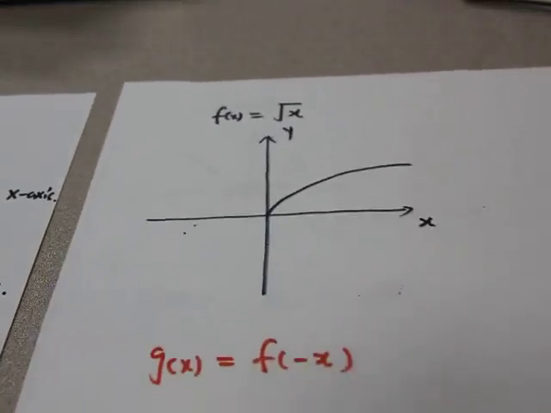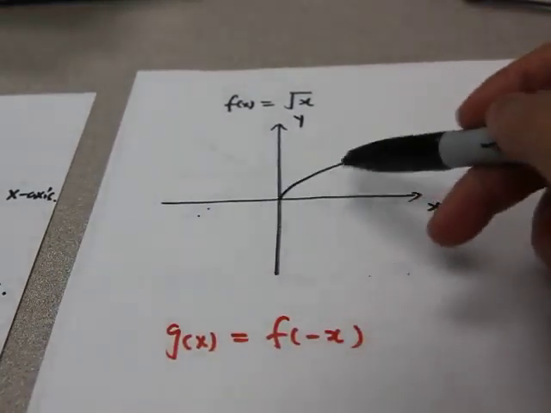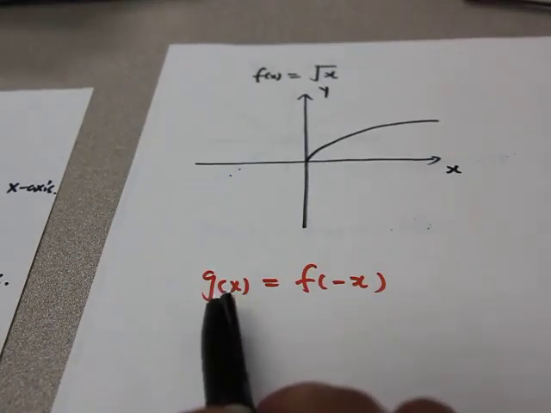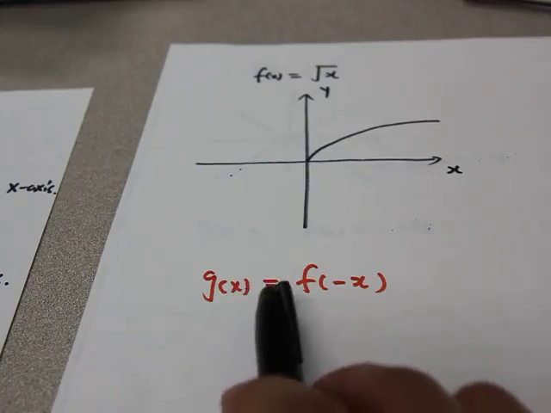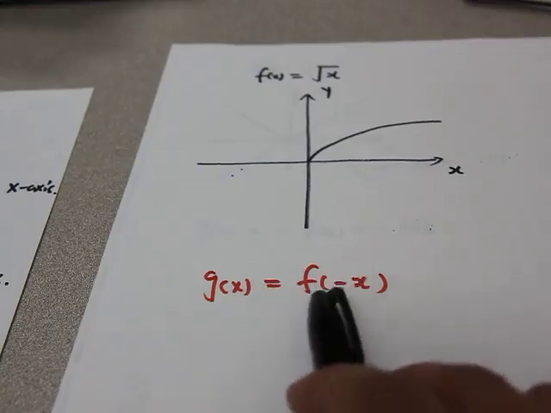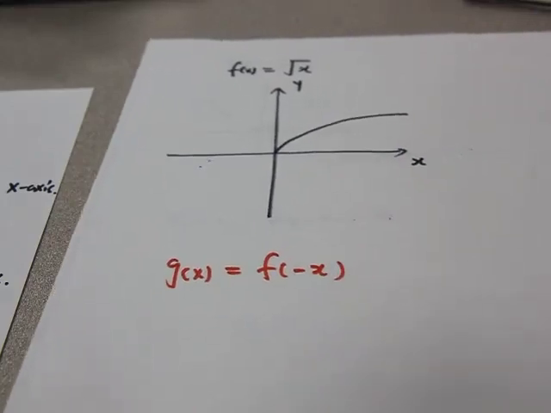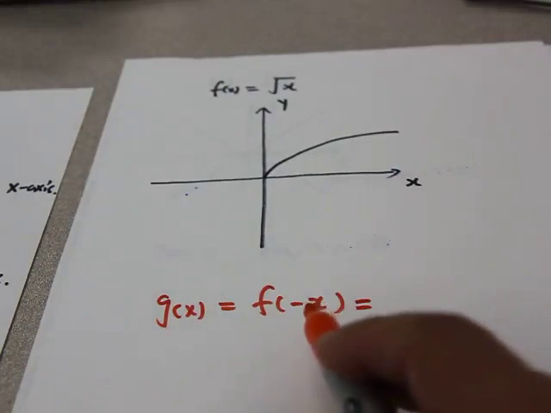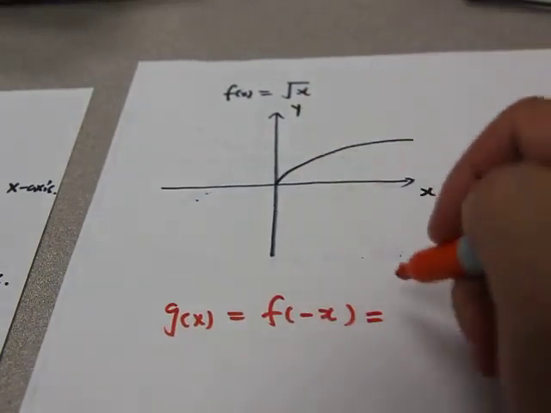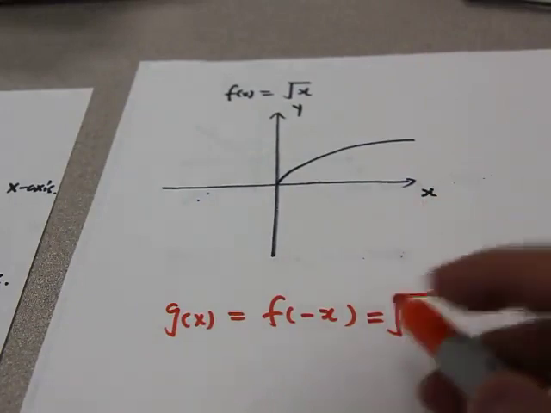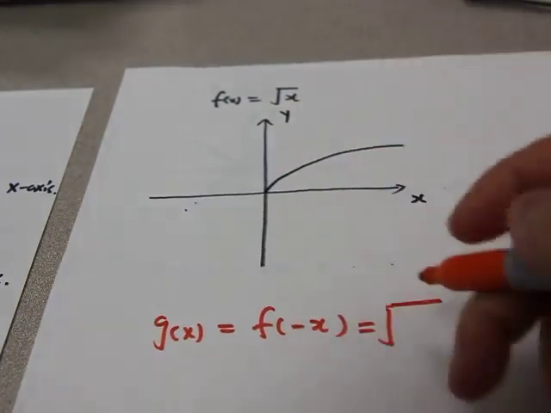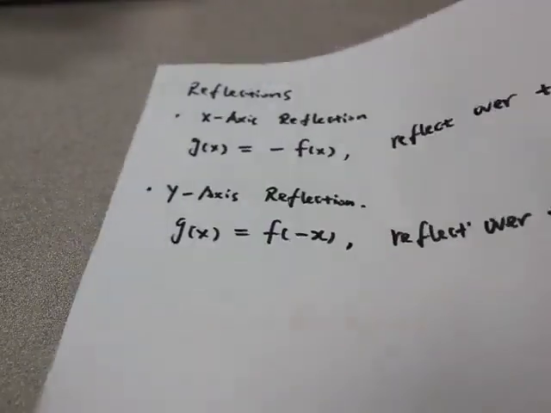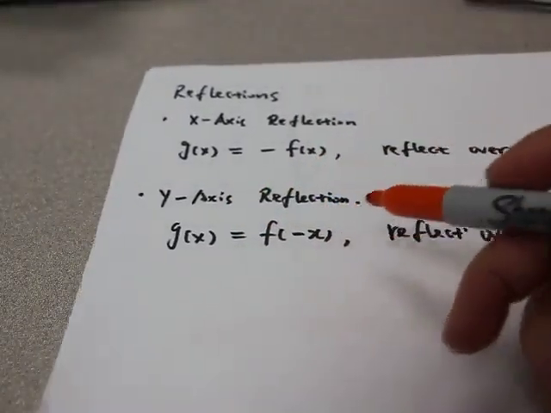So here we have this basic function, the square root of x, and this time I define g(x) as f of negative x, because this time I put this negative sign in front of x. So in this square root, I put the negative sign in front of x under the square root, and this is a y-axis reflection.